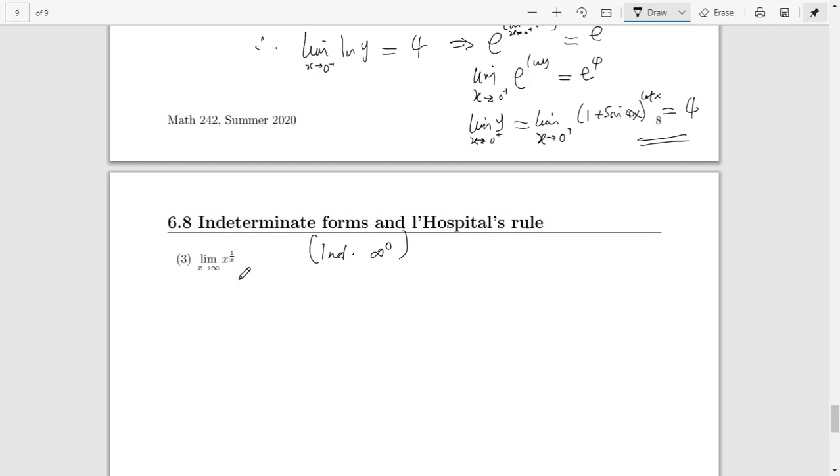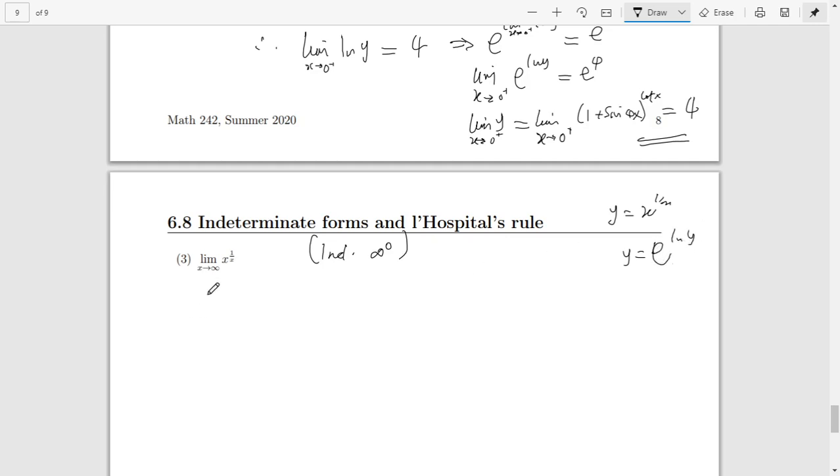So we can apply the same method here, taking the natural log. Since we know that if we let y equal x to the power of 1 over x, then y is the same thing as the exponential of the natural log of y.